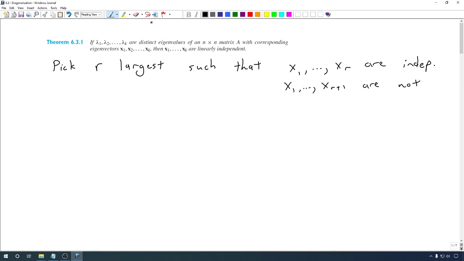Because we're assuming here that r is smaller than k, there's going to have to be some point where it switches from them being independent to being dependent.